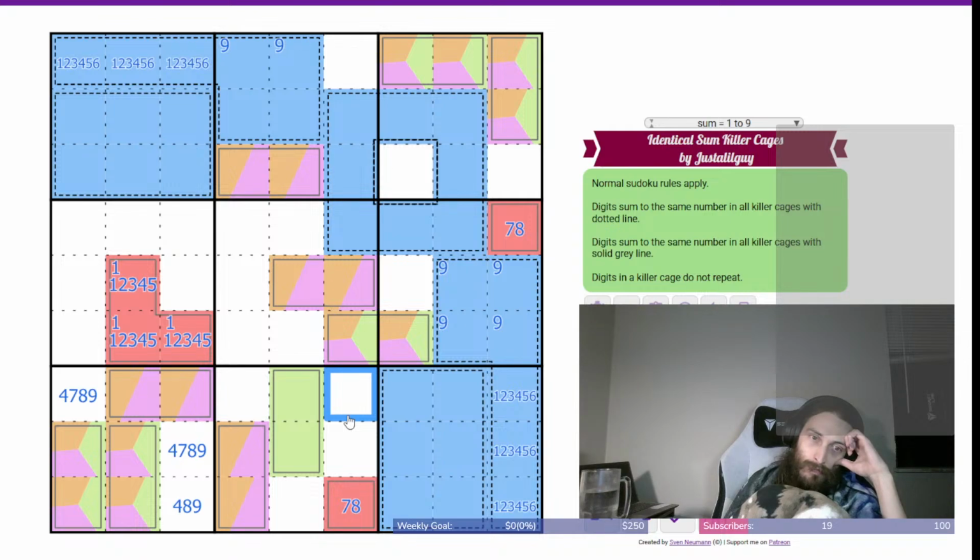Well, box 2 and box 8, orange purple, cannot be the same. Yeah.